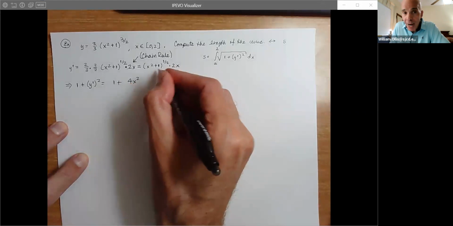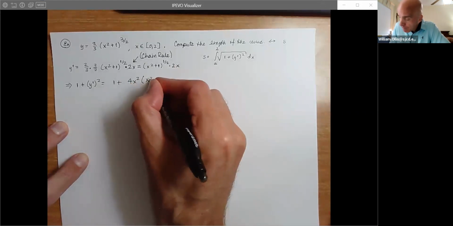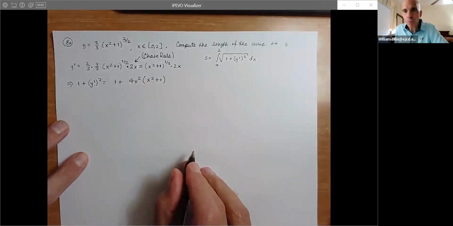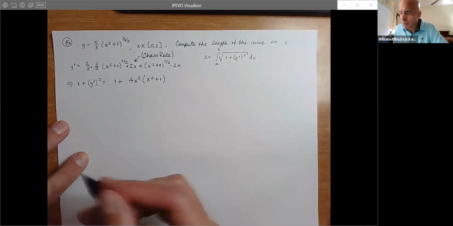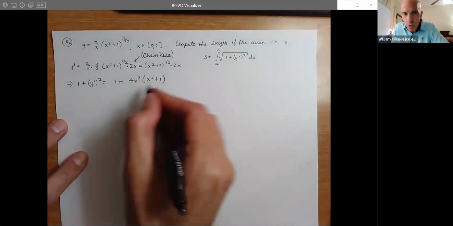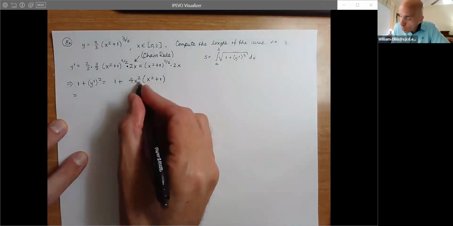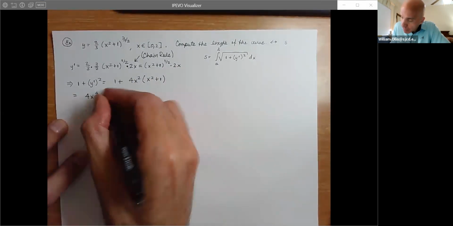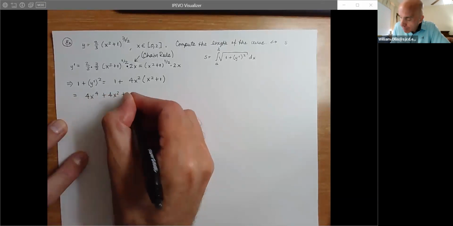And if we square the radical, we're relieved of it. Now, again, these are tailor-made to work out, so don't look at this and say, oh, I'm cooked kind of thing. So let's go ahead and expand this and see what we get. So we've got a 4x to the 4th plus a 4x squared plus a 1.